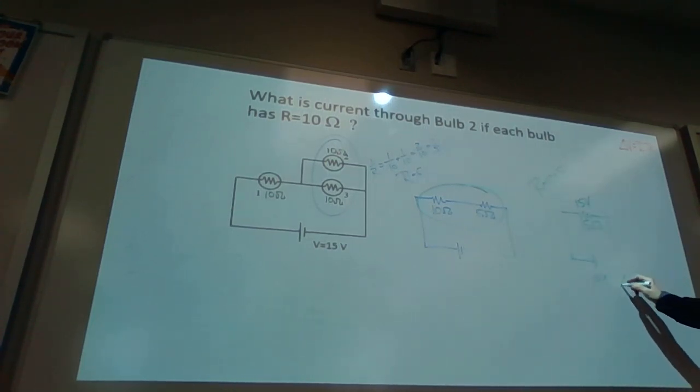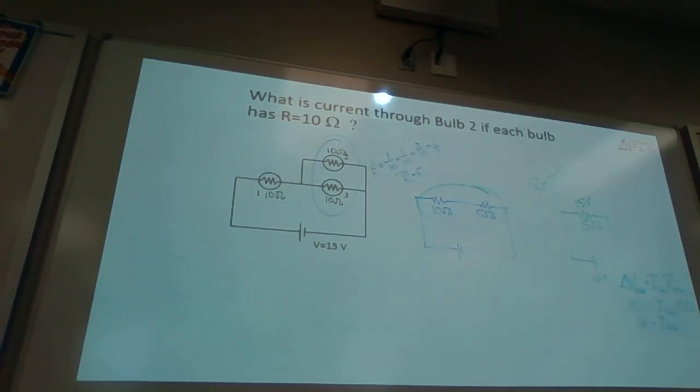So we got a 15 volt gain, or 15 volts across that. I'm looking for my current, and I have a resistance of 15 ohms. I made this so it would end up being nice, so we didn't have to do much on the calculator.